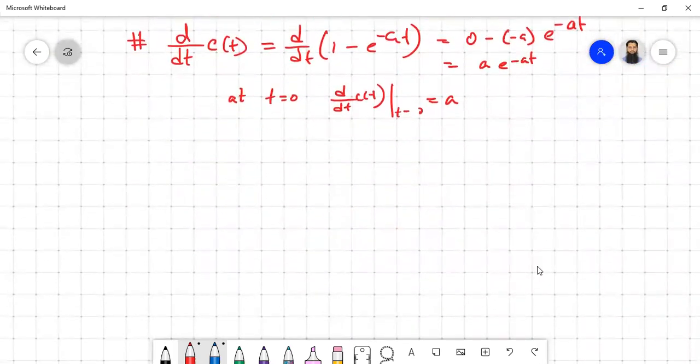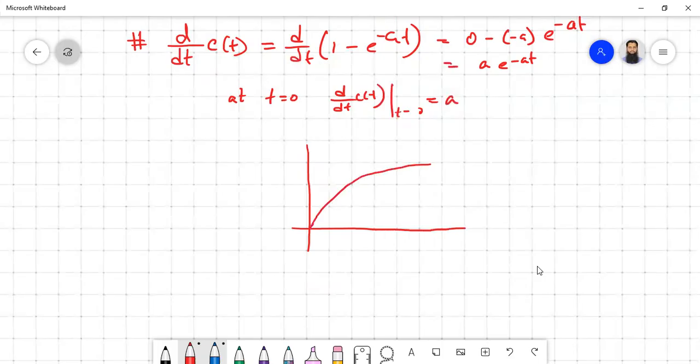So what I'm trying to say is that your response will be something like this. From the equation that we have derived, we'll have a characteristic curve, something like this, with the final value 1.